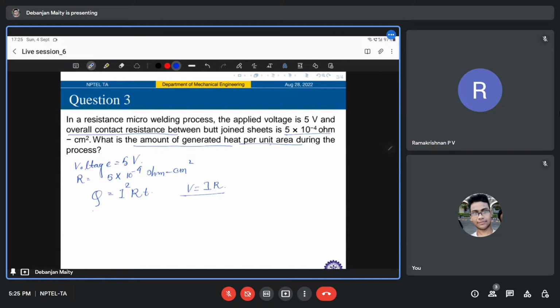So from here, if we explain the V and I relationship, then the amount of heat transferred will be derived from this equation. So here V is given, R is given, and you need to find out heat generated per unit area. If we think of it per unit time also, your V is 5.